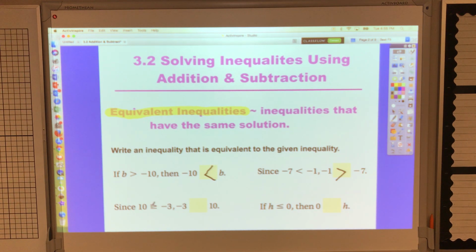Over here, it was greater than or equal to, it needs to become less than or equal to. So negative 3 is less than or equal to 10. The last one says h is less than or equal to 0. If I reverse that around, 0 is greater than or equal to h. Equivalent inequalities are inequalities that have the same solution.